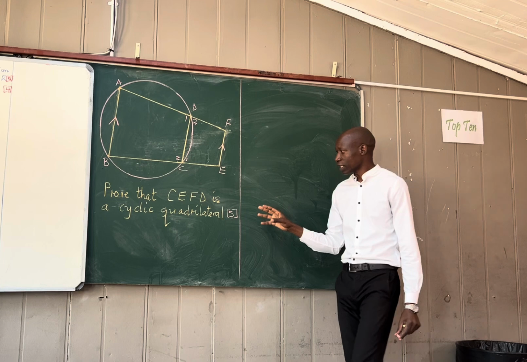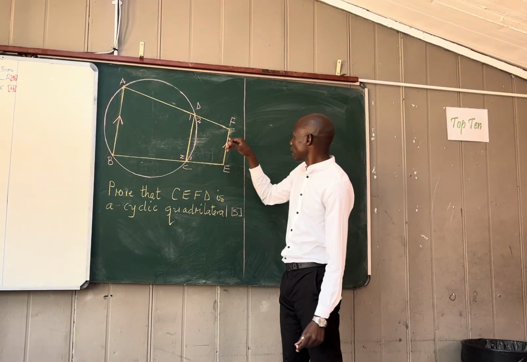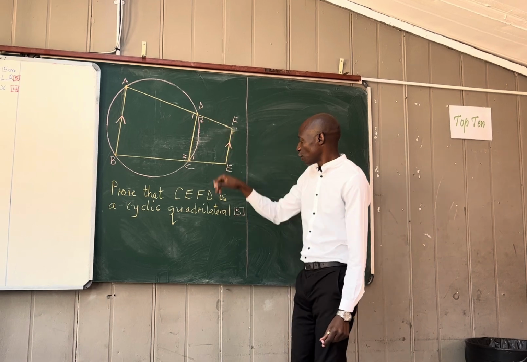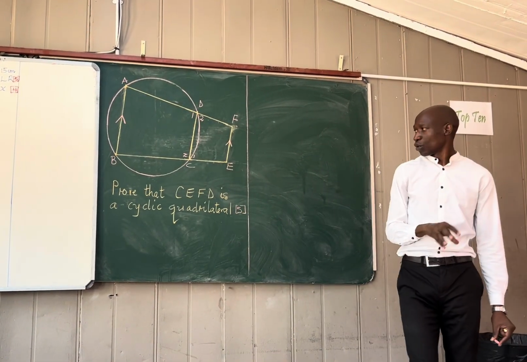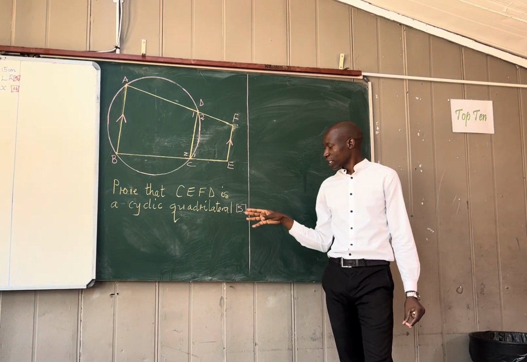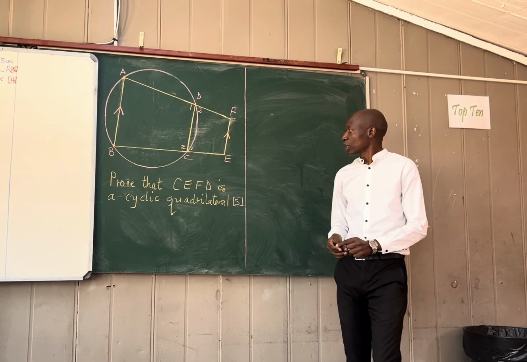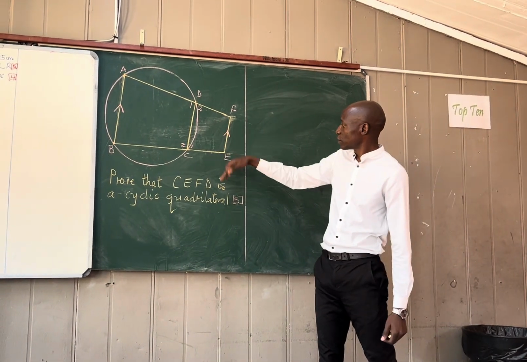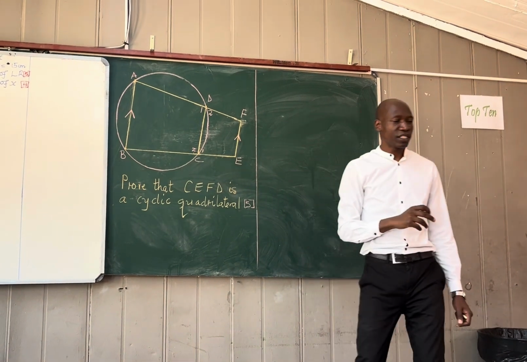Now, in this instance, we have CEFD. We need to prove that it's a cyclic quad. There are many ways that can be used to prove that. The first one, we can show that the opposite angles, for instance C1 and F, add up to 180 degrees.